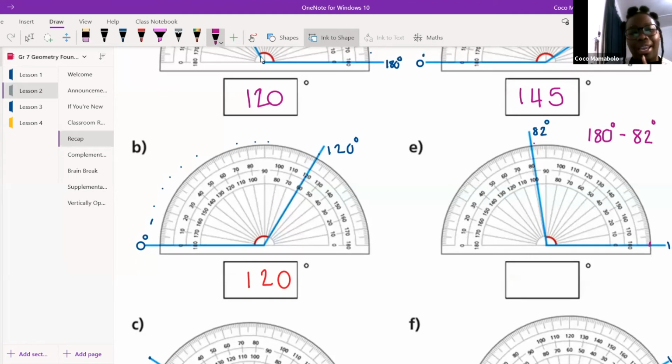I'm going to explain why I say minus 82. Because we started at 180, and then we went all this way to 82. If I want to know how big the angle is between here and there, I need to take the big number and minus the small number. So I'm going to go 180 minus 82, and that's going to give us how much?